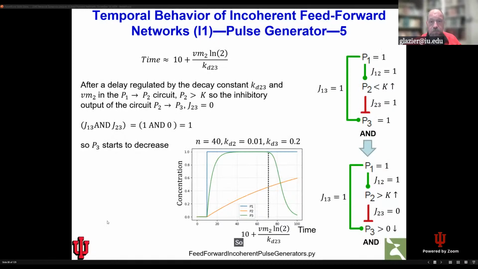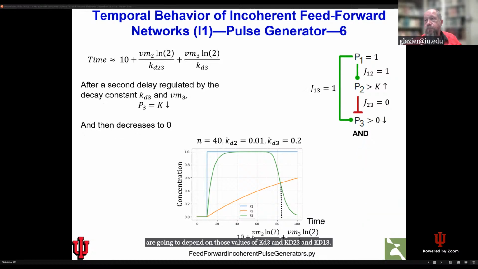So we see something that looks like that. Now the time scales over which these things happen are going to depend on those values of KD3, KD23 and KD13. So we can play a little bit.